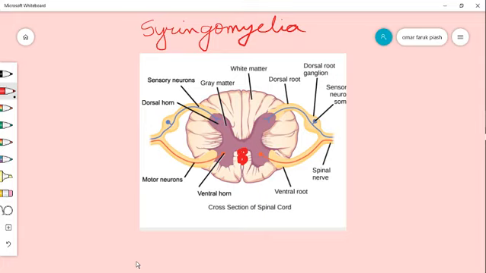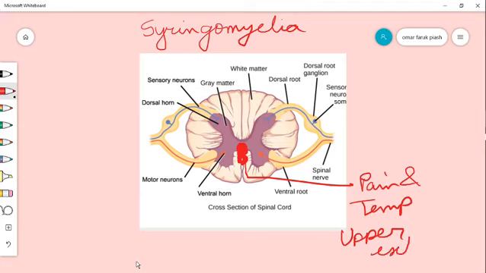And here pain and temperature are lost, as the anterior white commissure, the spinothalamic crossing, is involved. So pain and temperature in the upper extremity are lost.